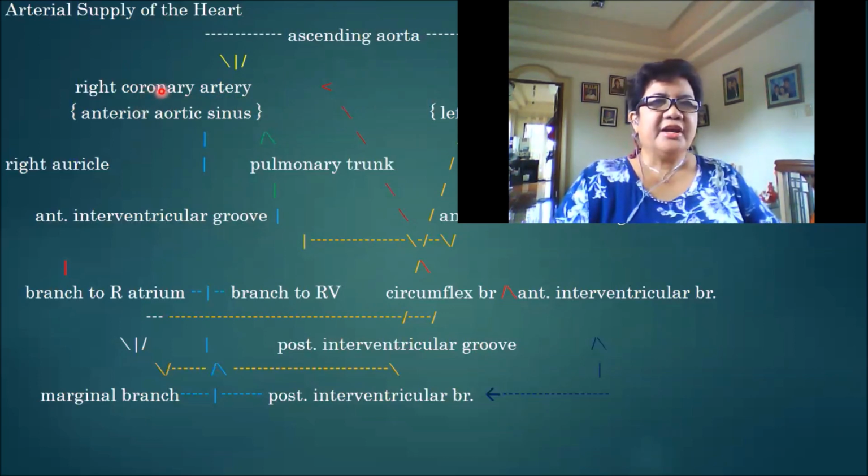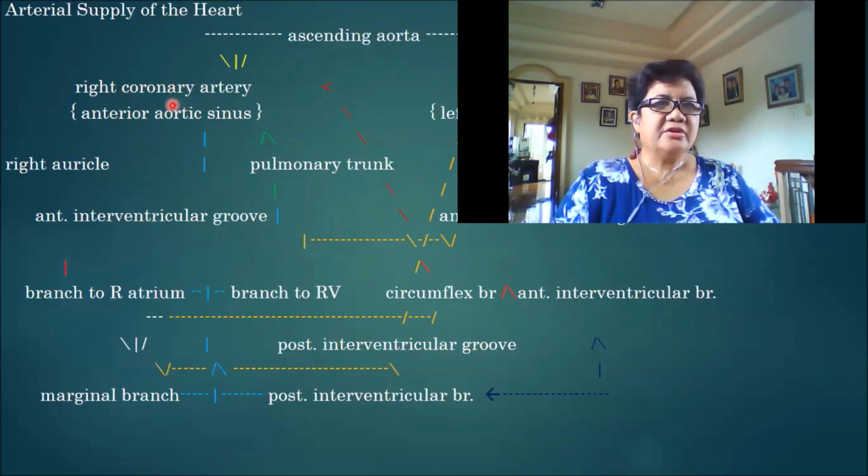Let's go first to the right coronary artery because there will be massive anastomosis between the two arteries that come from your ascending aorta.